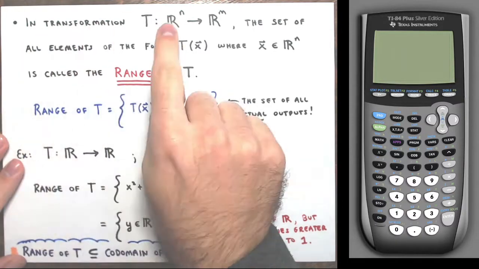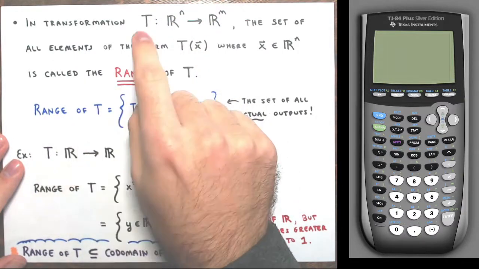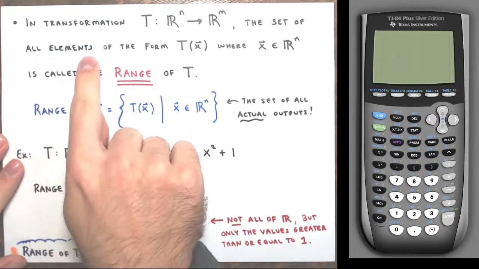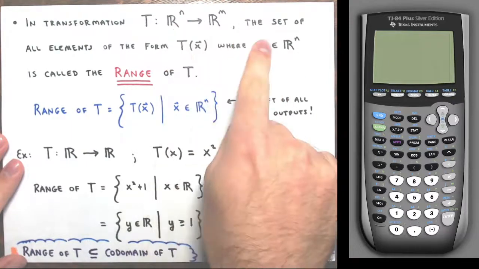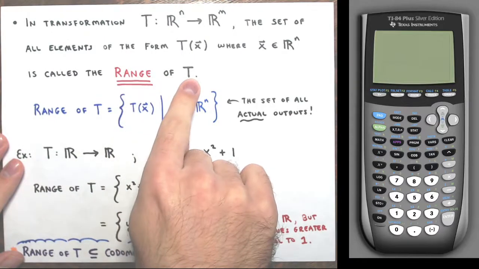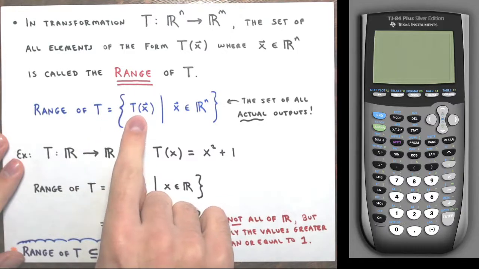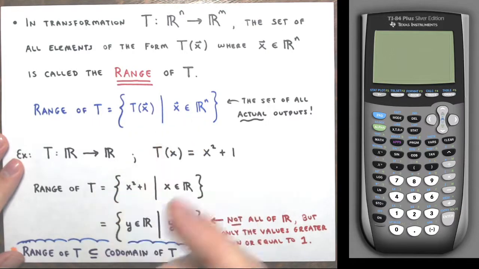In a general transformation T from Rn to Rm, the set of all elements of the form T of x, all the outputs that actually get mapped to, where x belongs to Rn, is called the range of T. Another way to write this is that the range of T is all vectors of the form T of x such that x is from the domain.